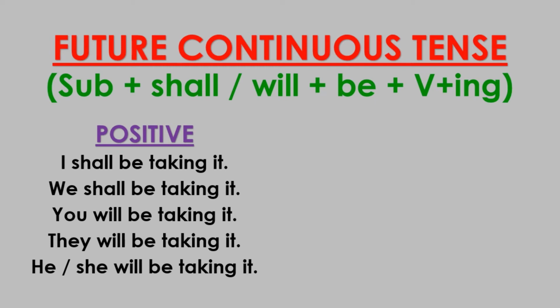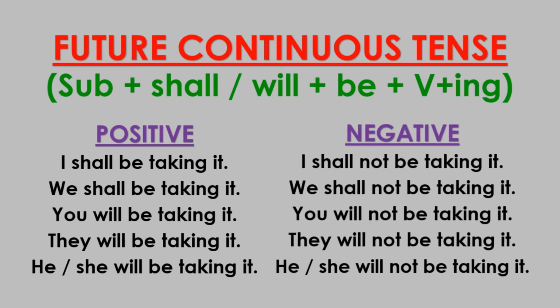Now after turning them into negative, let us see what these sentences will be. I shall not be taking it, we shall not be taking it, you will not be taking it, they will not be taking it, and finally either he or she will not be taking it.